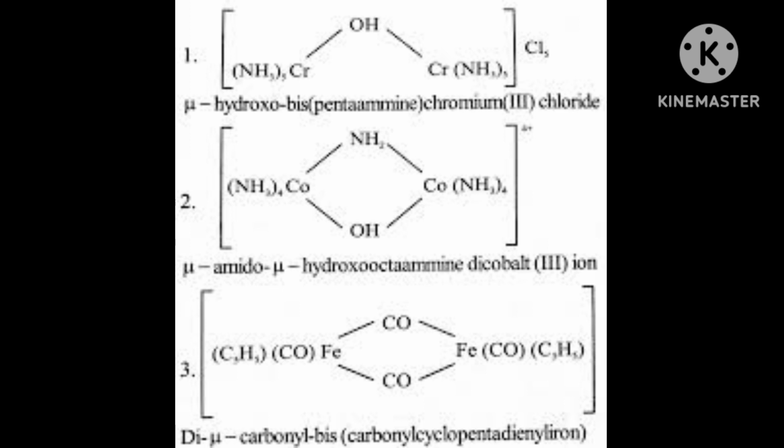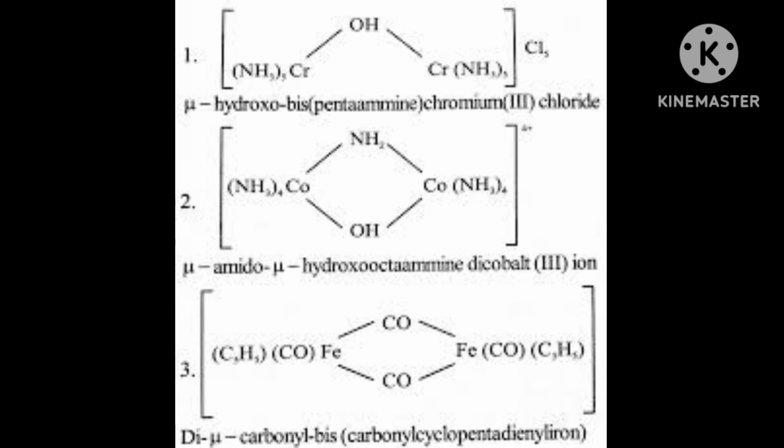For example, cobalt in a complex cation is called cobalt, and platinum is called platinum. If the complex ion is a cation and cobalt is there, then you write only cobalt. And suppose platinum is there, then platinum is called platinum.